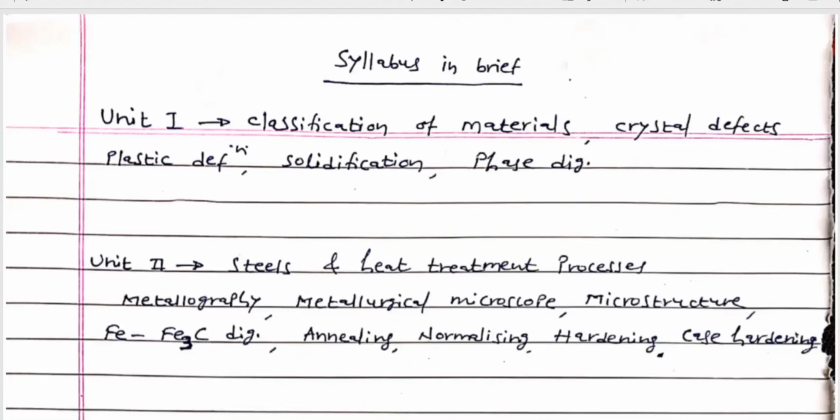As far as the question of polymers is concerned, polymers are also nowadays utilized in many engineering applications because the polymers are light in weight, they have very good corrosion resistivity, plus they are easy to manufacture.